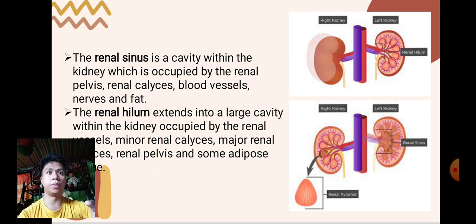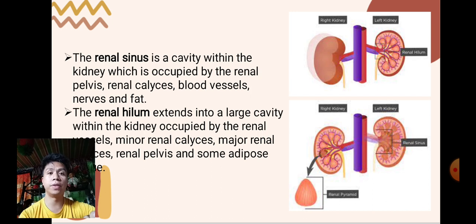The ureter, renal blood vessels, lymphatics, and nerves all join each kidney at the hilum and occupy the sinus.